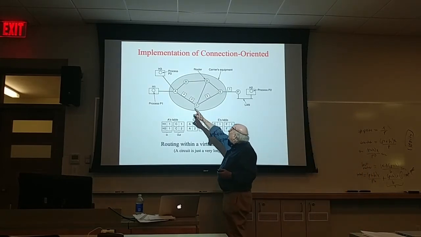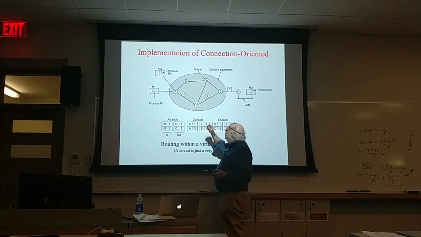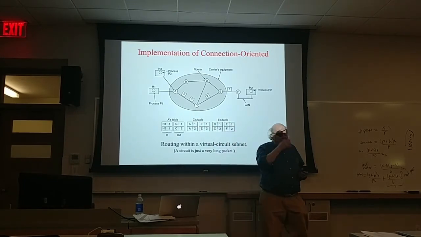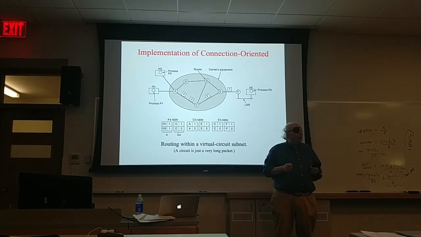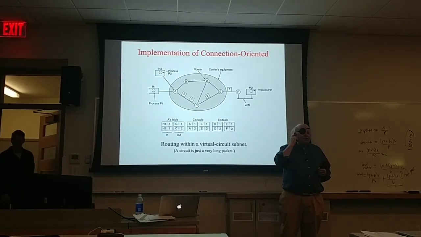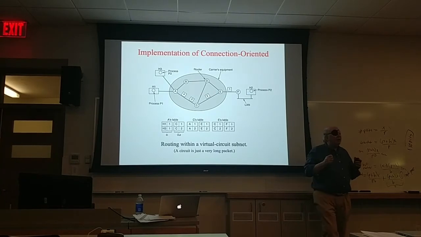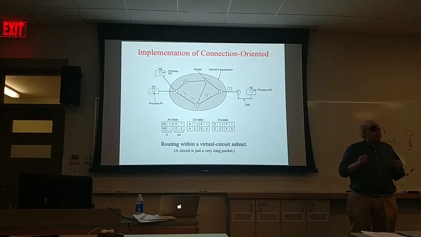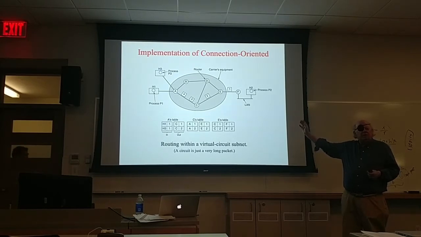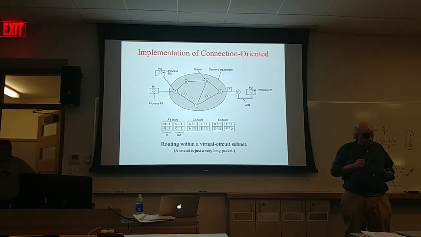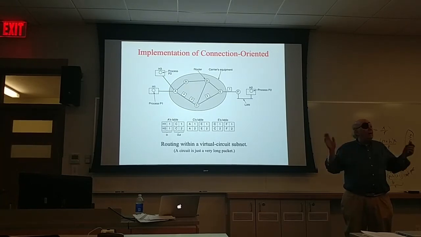Each node looks at the channel identifier and says, okay, this channel is mapped to this one, just like a plug board in an old telephone system. So you don't have to carry full addresses. Of course, the problem is that should anything go wrong in the middle, you lose a line or a node, you have to go back to the beginning and start over.